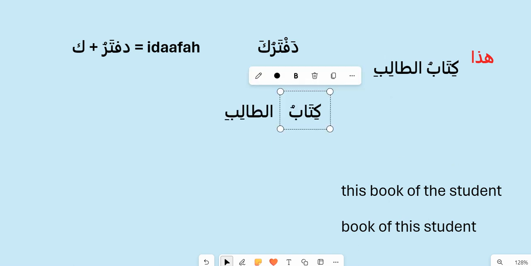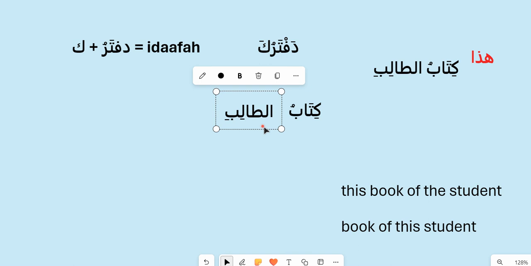So when you want to use the ism al-ishara for the mudaf, you need to write the idafa, and in the end you have to put the ism al-ishara. Ism al-ishara will come at the end of the idafa structure. So your sentence will be Kitabut tullabi hadha.